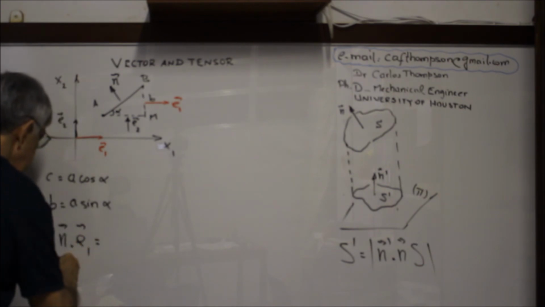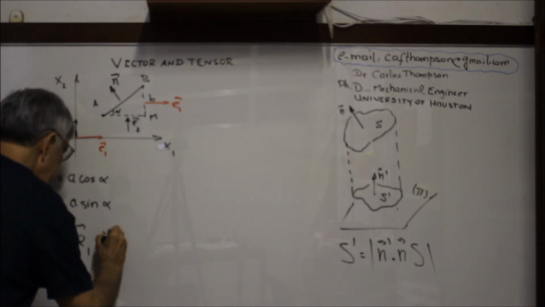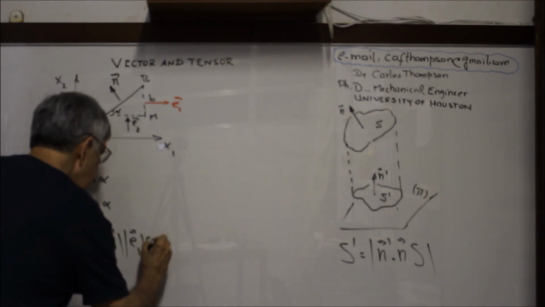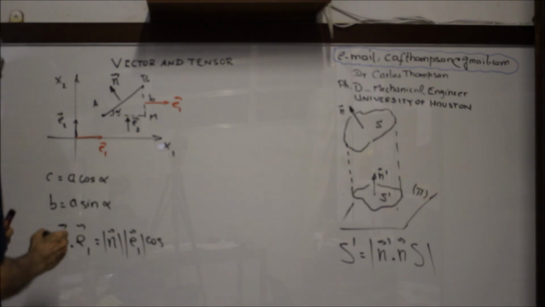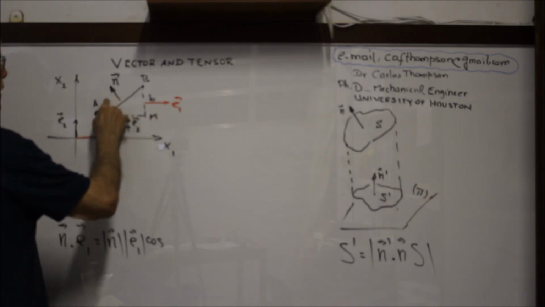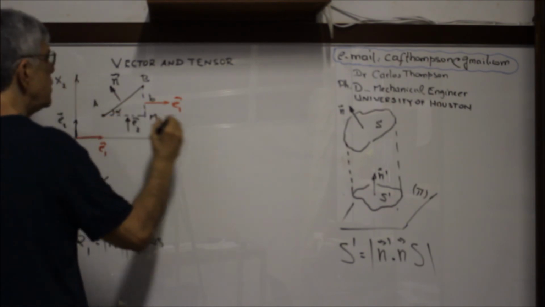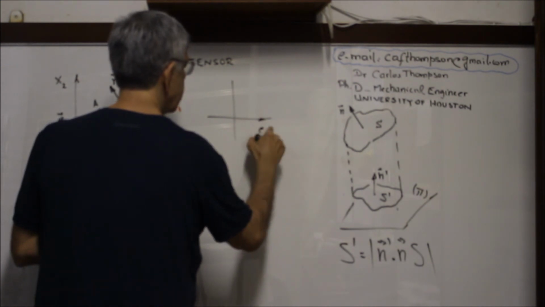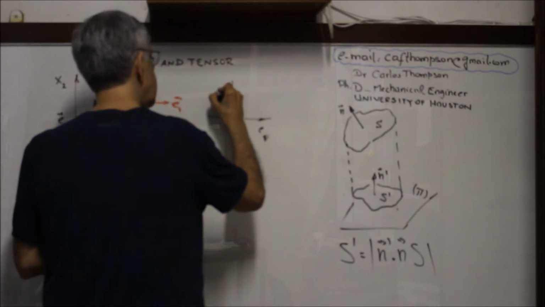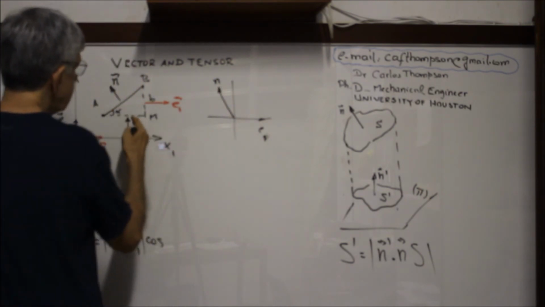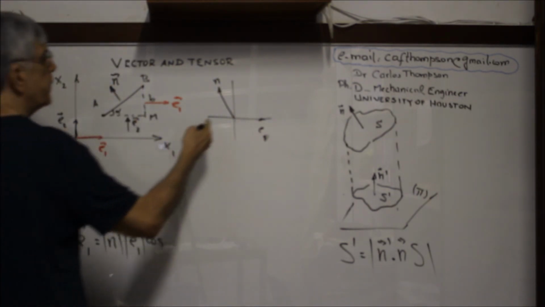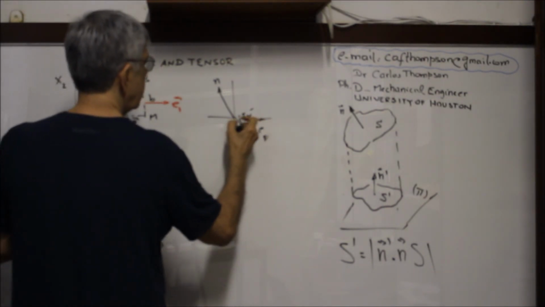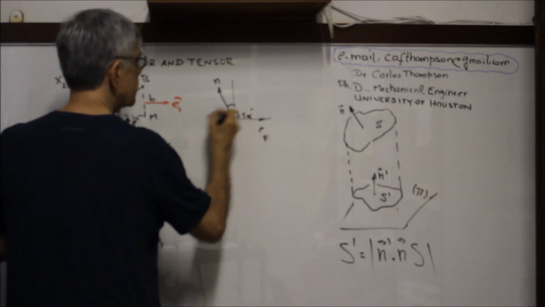So this will be the magnitude of N times the magnitude of E1 times the cosine of the angle between E1 and N. Let's do it like this: this is E1, this is N. Now, if this is alpha, this will be 90 degrees plus alpha.